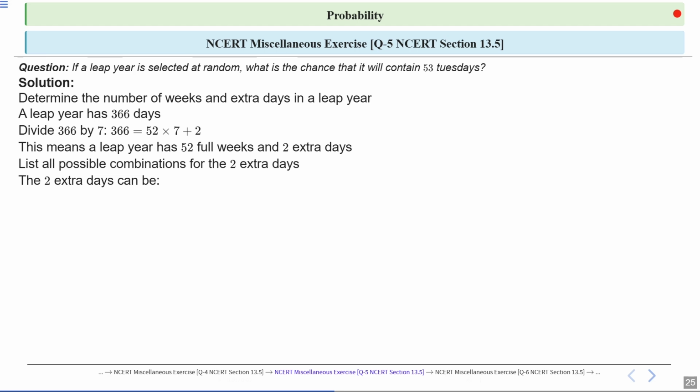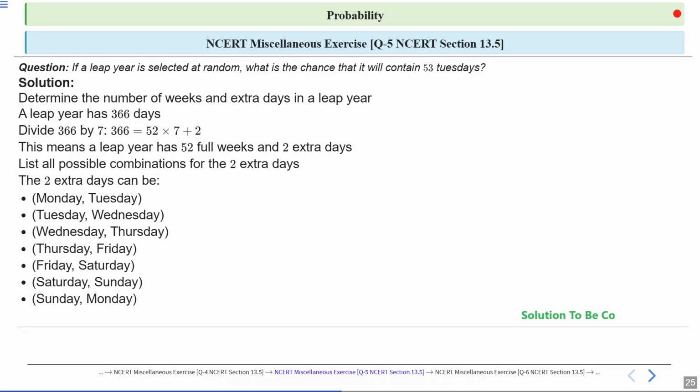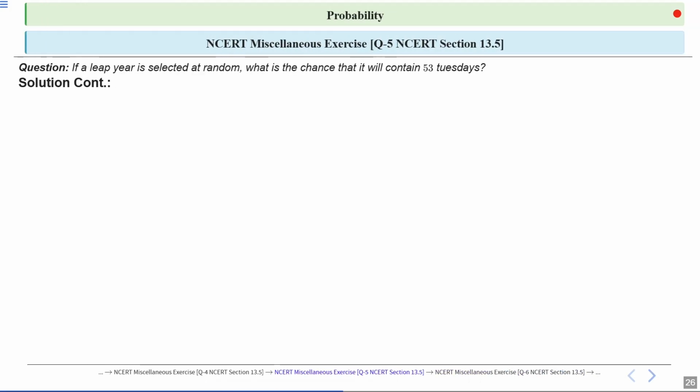So the 2 extra days can be Monday, Tuesday; Tuesday, Wednesday; Wednesday, Thursday; Thursday, Friday; Friday, Saturday; Saturday, Sunday; Sunday, Monday. So there are 7 total possible combinations for the 2 extra days.